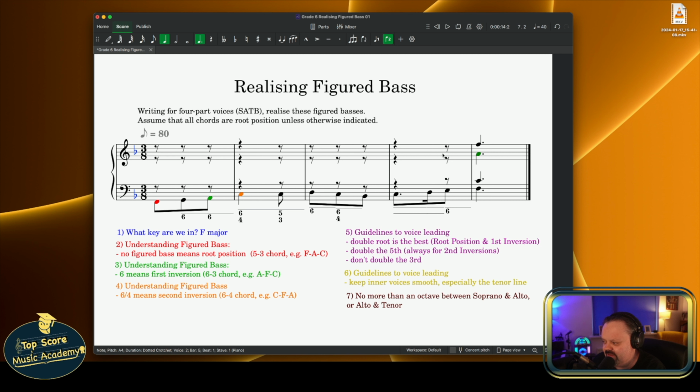That may lead us into some difficulty, I think, if we're going to have the F up here, because I can't really approach it in the soprano line from that C, because that's going to lead to hidden octaves, which is an absolute nightmare.